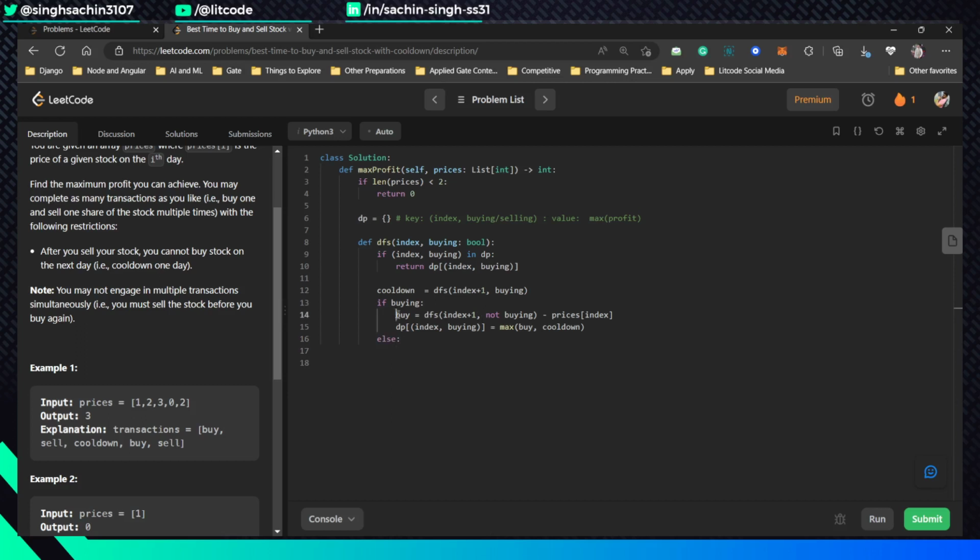Similarly, I'll copy and paste the same statements for sell. For sell, we will have to increment the index by 2 because it is mandatory to have a cooldown period of 1 day. So our index will be i + 2, and if we sell, we add the price to this, and I will update my map.